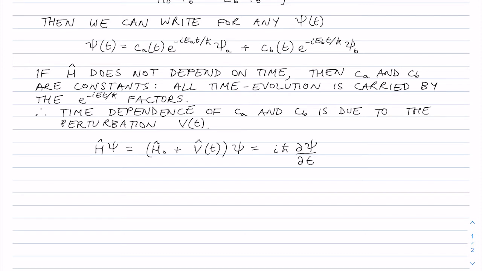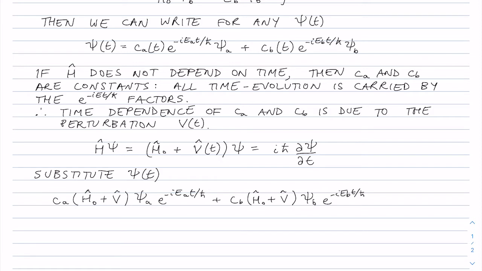So now we're going to substitute in our psi of t. On the left-hand side, we'll have CA, and remember this is a time-dependent CA now. I'm just not going to write the function of t all the time because then it'll just take too long. I'm able to take the CA and CB, which are not functions, they're just numbers. They're time dependent, but they're just numbers. So H naught and V will commute with those numbers.